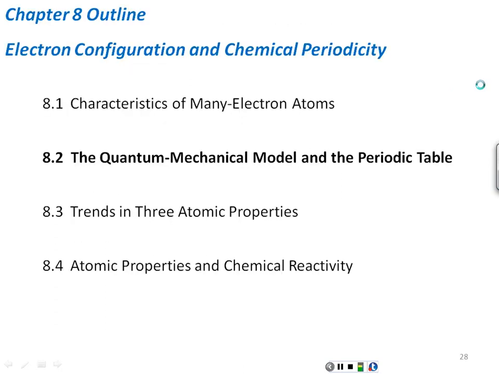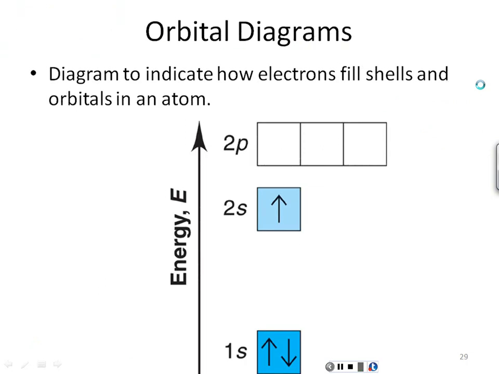Okay, moving on to section 8.2. We're going to talk about electron orbital diagrams and electron configurations. This is an example of an orbital diagram, and it shows the different orbitals in relation to one another with energy on the y-axis.